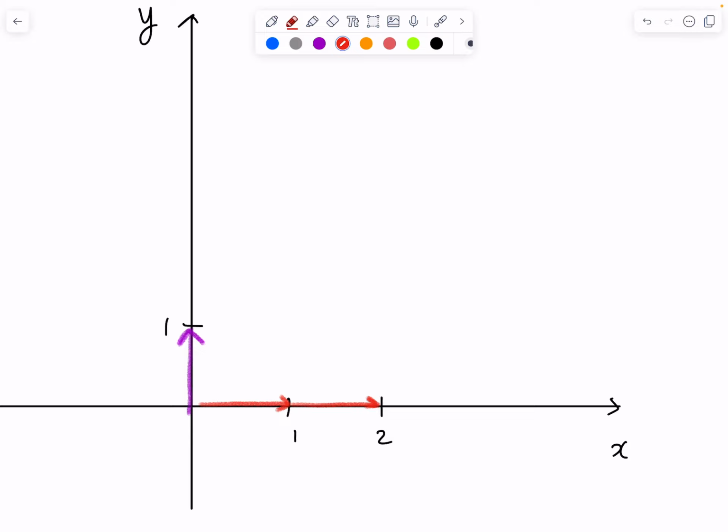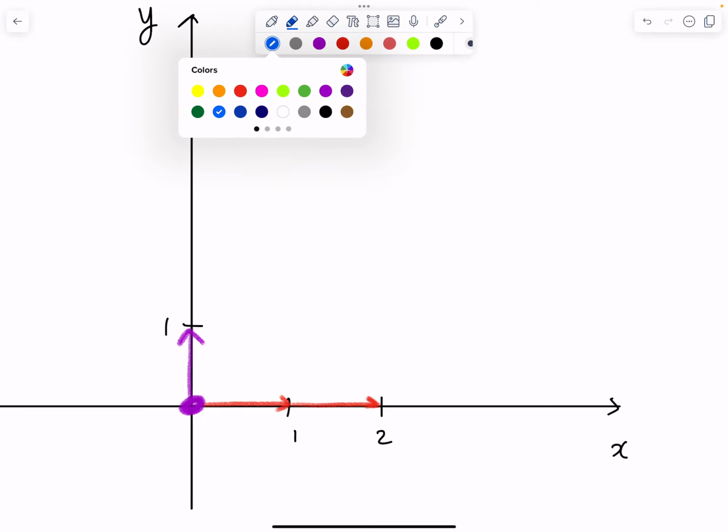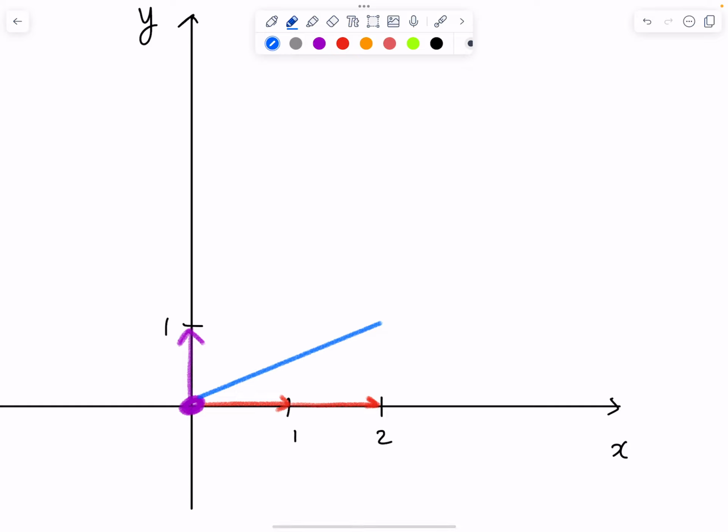Then I draw an arrow from the same starting point to the corner of this intersection of this dotted line. Okay? This represents the vector that is 2, 1.